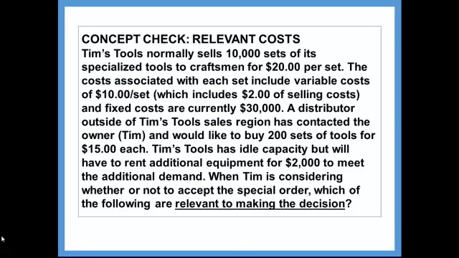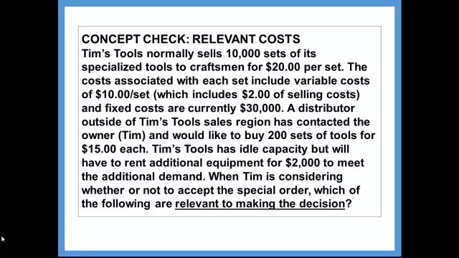Tim's Tools has idle capacity, but will have to rent additional equipment for $2,000 to meet the additional demand. So this means they have the floor space, they have most of the equipment they need, they have the managers to manage this, but they'll just have to rent a piece of machinery. When Tim is considering whether or not to accept the special order, which of the following are relevant to making the decision?